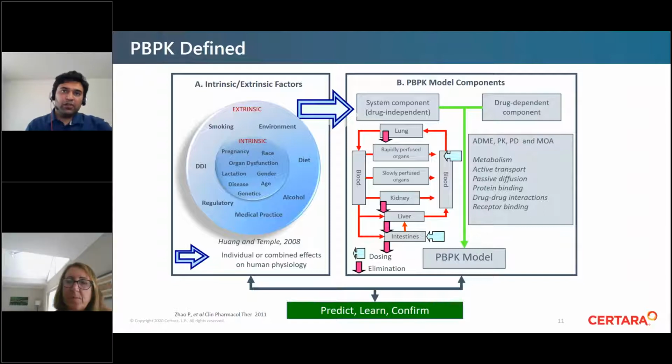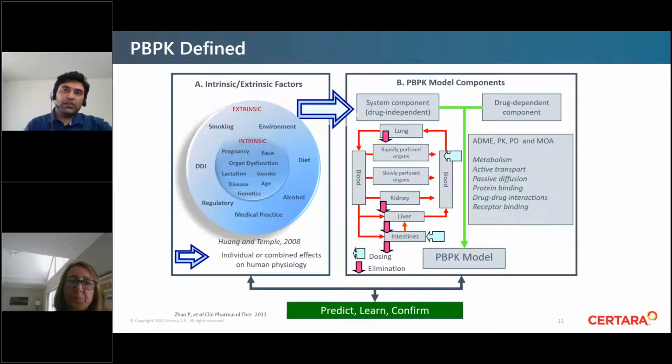There are a number of rate processes that are happening at the same time or in sequence, and that is based on the knowledge that we have generated about the human body. And of course, we parameterize it in terms of not only the average individual, but also the population variability in each and every process, and how that would affect the rate and extent of overall absorption from the drug and formulation.